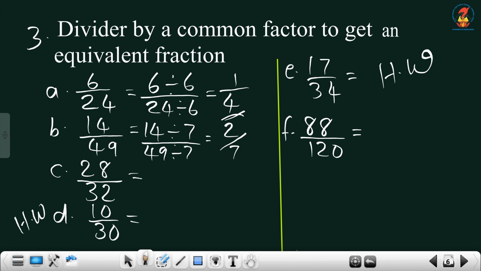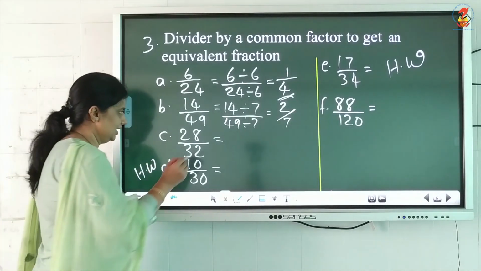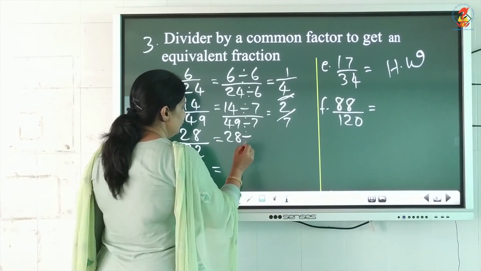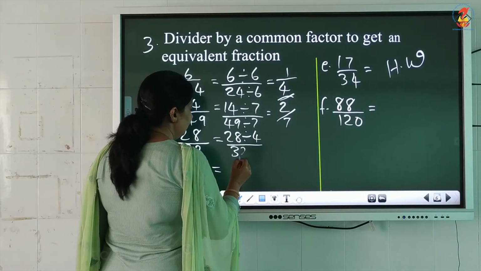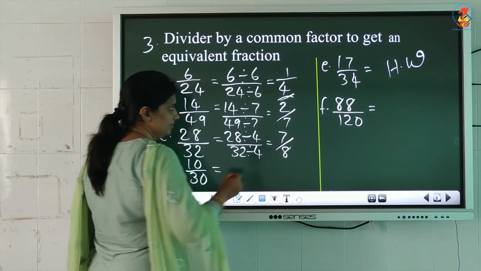And the next is what? 28 by 32. Common factor is what? 4. Is it correct? 4 7s are 28, then 4 8s are 32. 28 divided by 4, 32 divided by 4. Answer is 7 by 8.